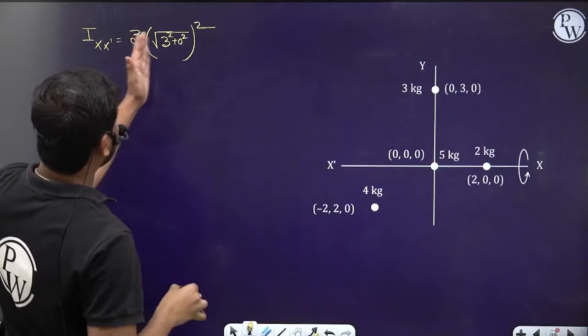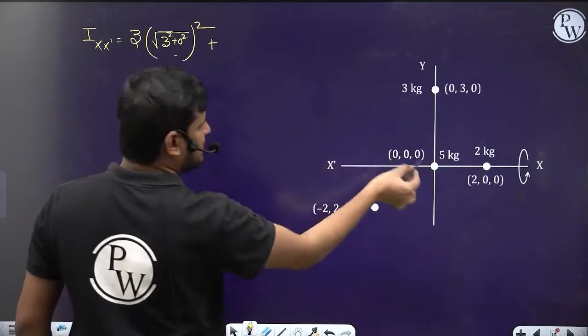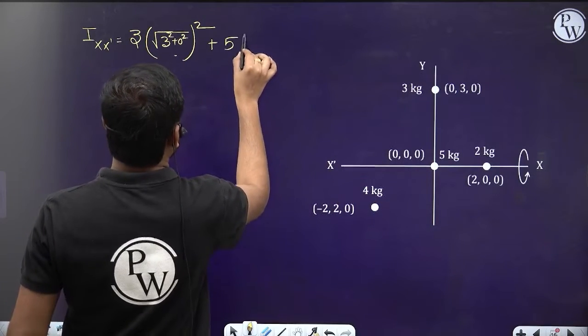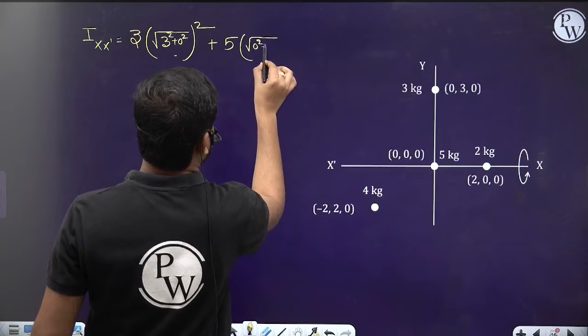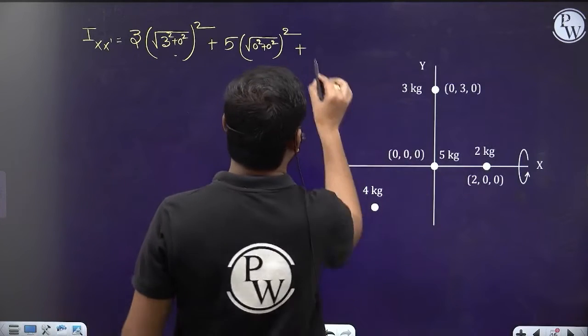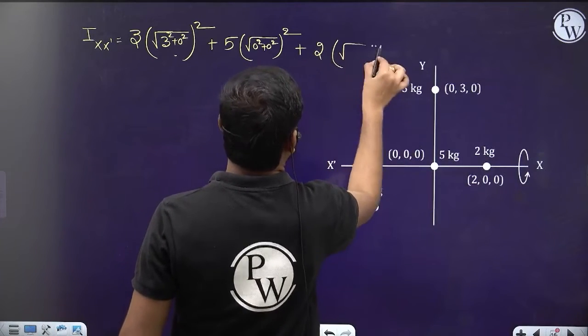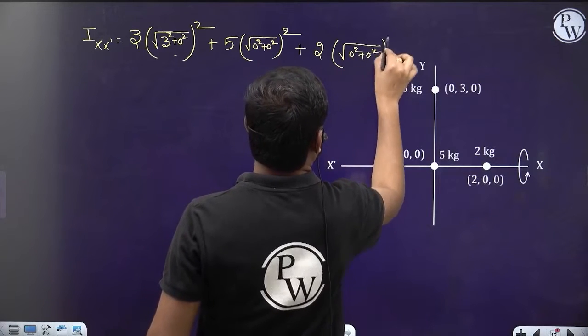M r square, this is r, and whole square. Plus the 5 kg block, y is 0, z is 0, so 0 square plus 0 square, whole square. Plus the 2 kg block is at a distance 0 square plus 0 square again, whole square, right?